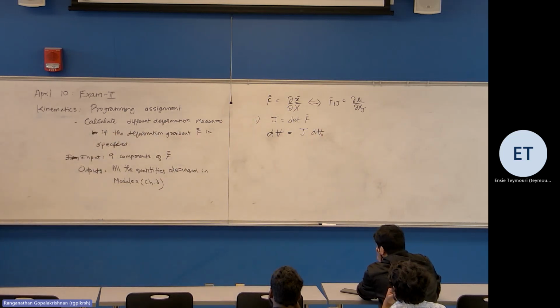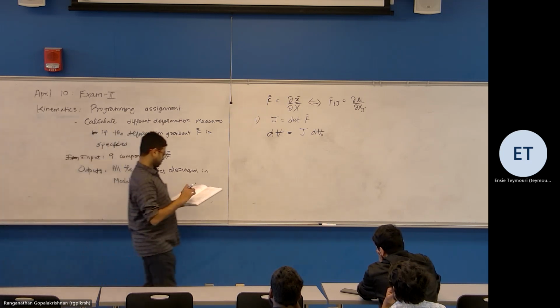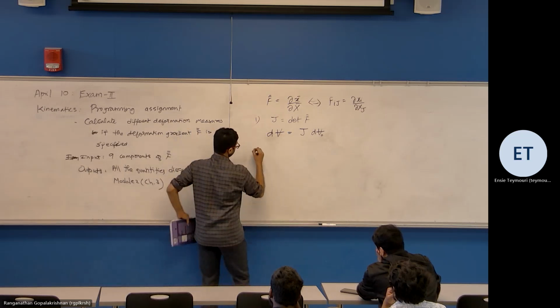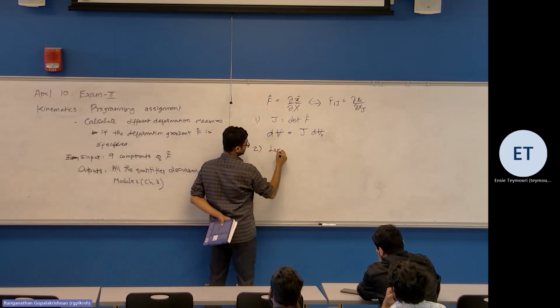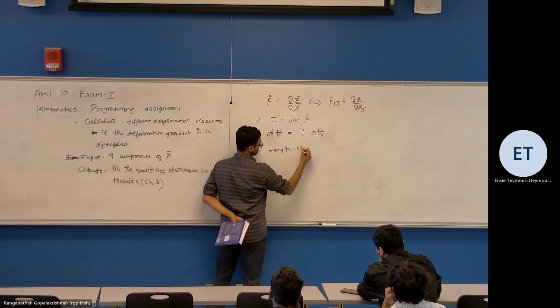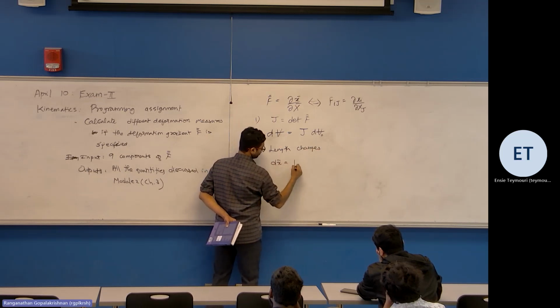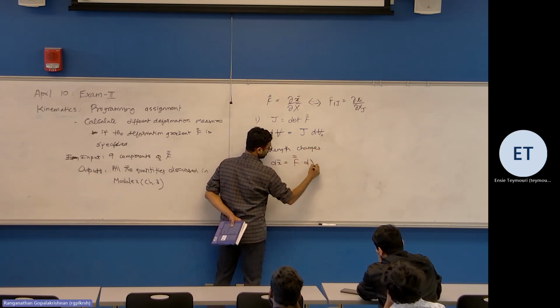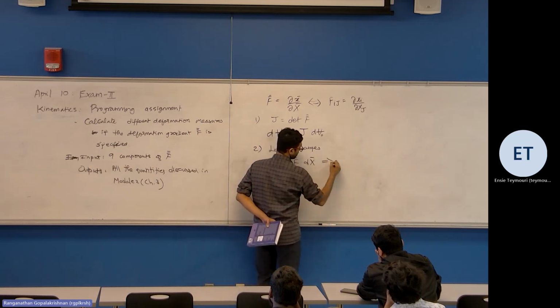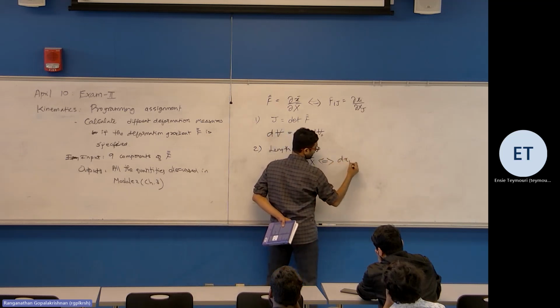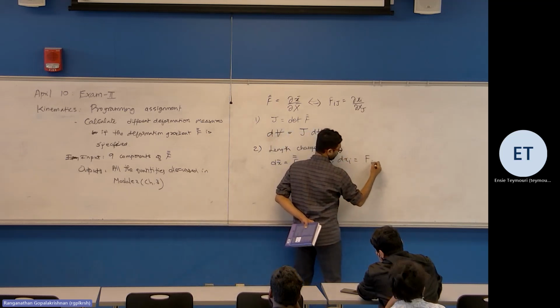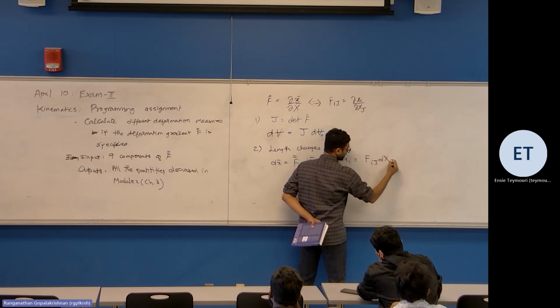We also saw length changes, for example, dx vector is F dot dX, or another way of writing this is dxi is Fij dXj.